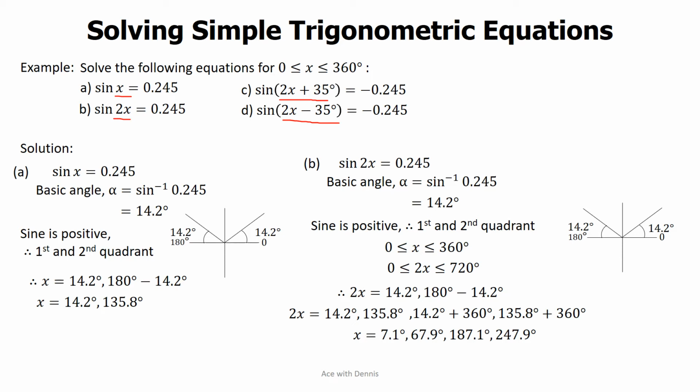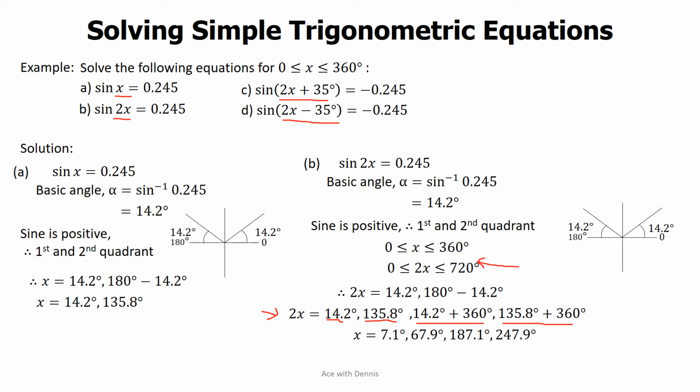Okay, so to get the answer here, you need to double check as well that all the answers must be within the range. So what do I mean? Let's say 2x. Make sure these answers, 14.2, 165.8 degrees, 14.2 plus 360 degrees, 165.8 degrees plus 360 degrees, must be between 0 to 720 degrees for the range of 2x.